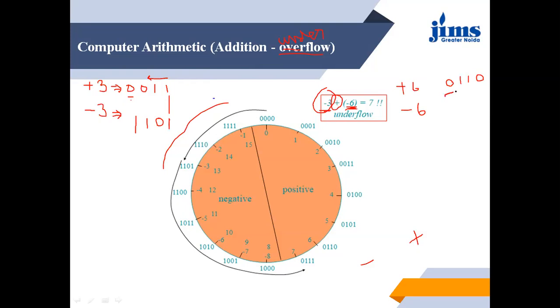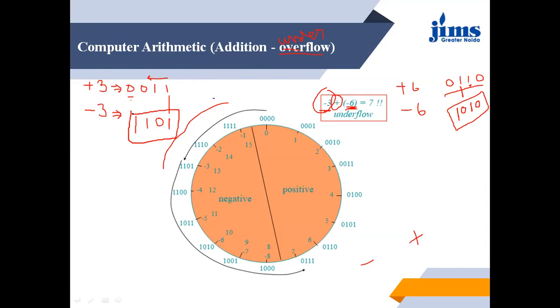The first bit is 0, so write it as it is, this bit is 1, so write the first one as it is, and after that change 0 into 1 and 1 into 0. So instead of this 1, it will be 0, and instead of this 0, it will be 1. So this is the representation of minus 6. This is the representation of minus 3.